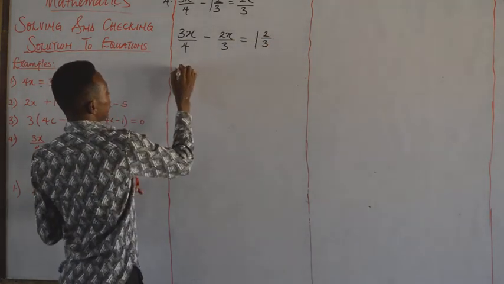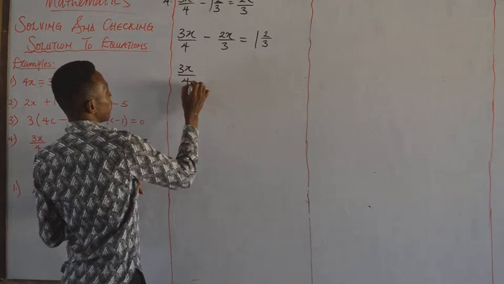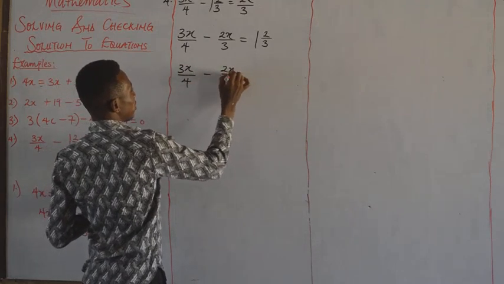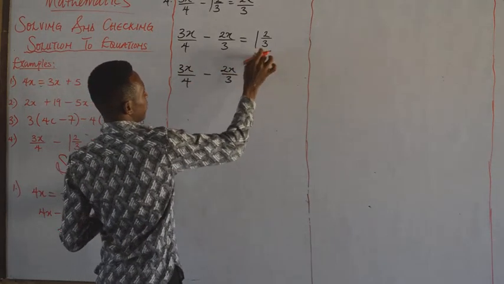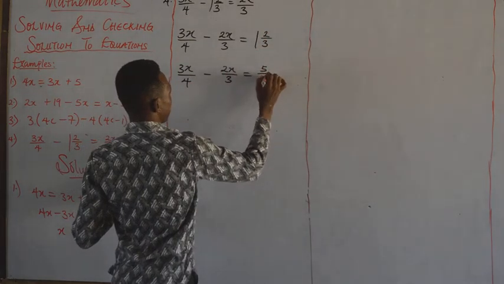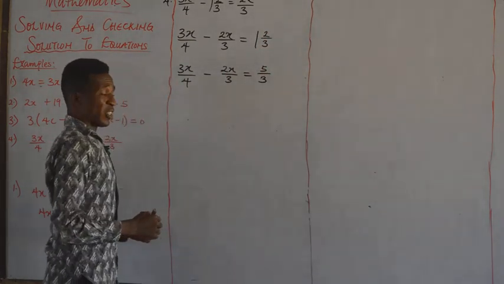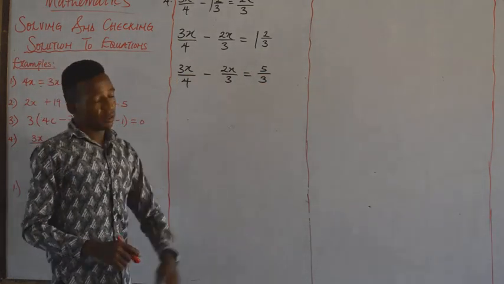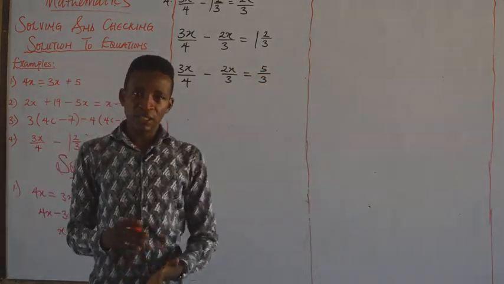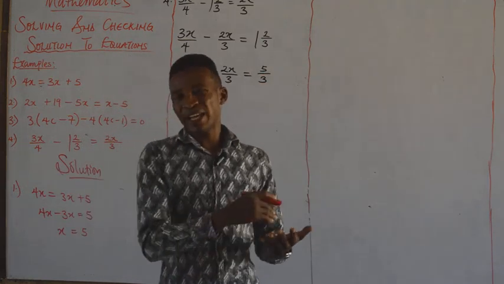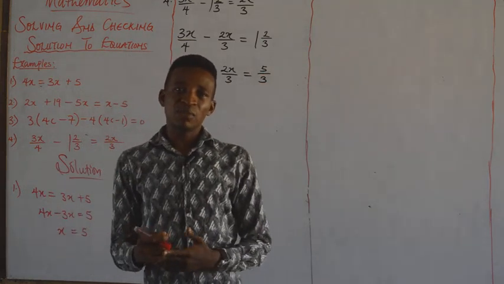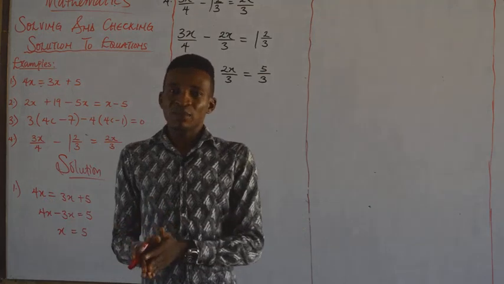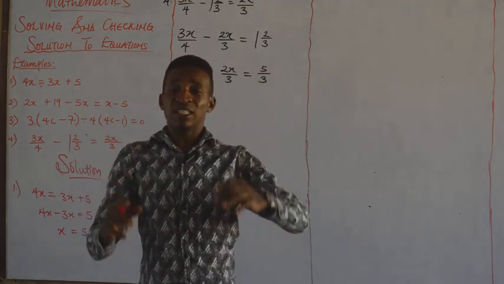So this now becomes 3x all over 4 minus 2x all over 3, everything equals 5 all over 3. Now since you've done that, this LHS here, we can do two things. Either you multiply everything through by the LCM, or you just find the LCM and you start using it in fraction form.